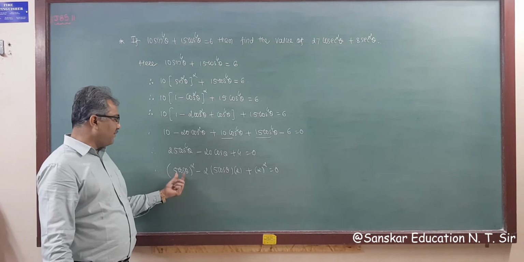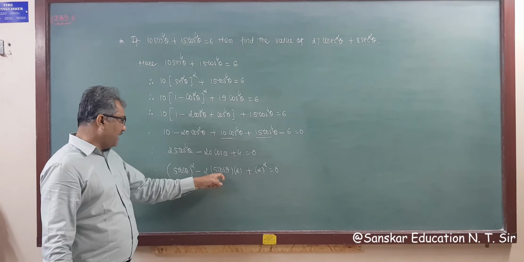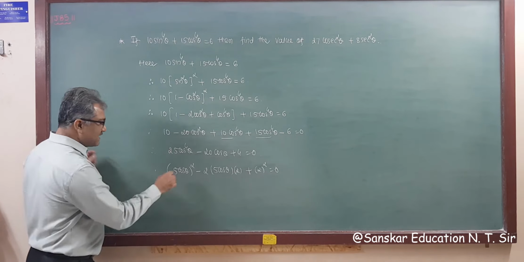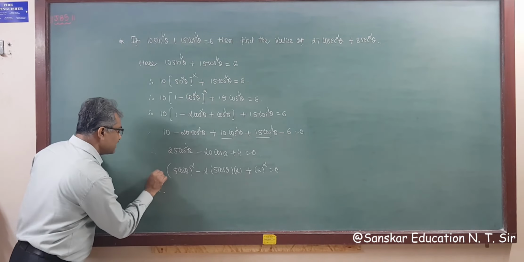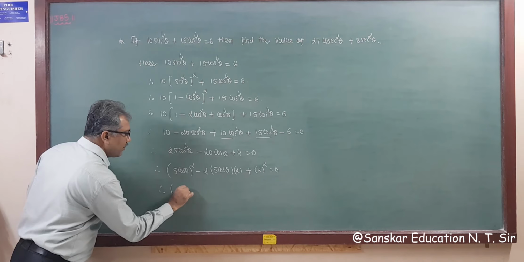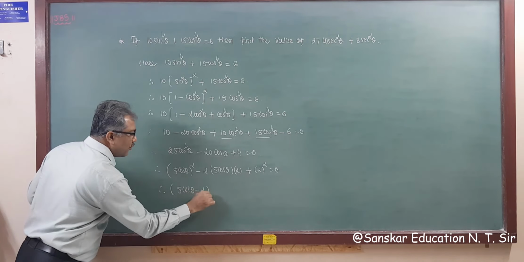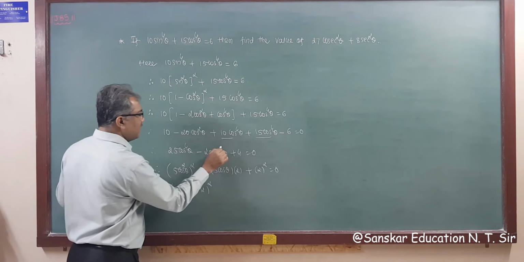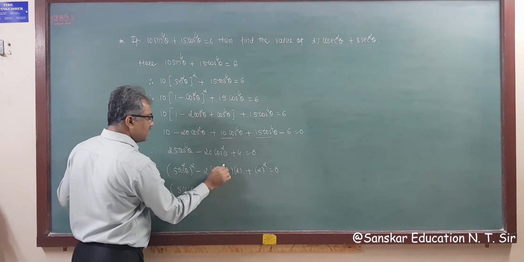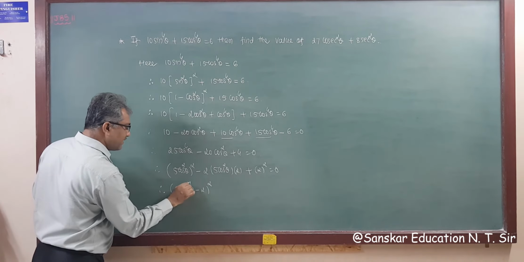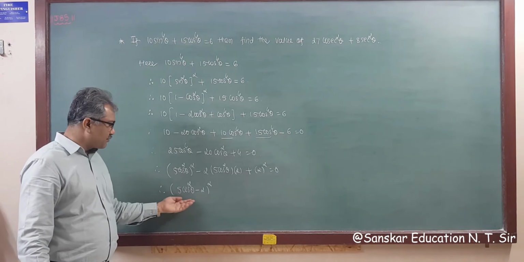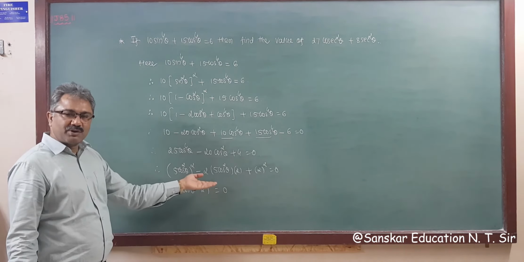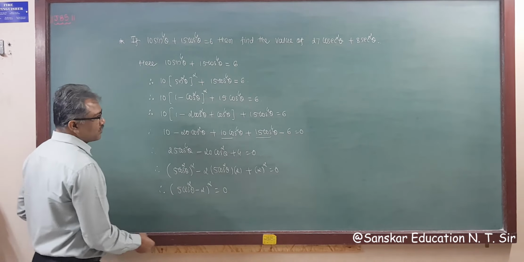This is the formula a square minus 2ab plus b square, so it is the perfect square of 5 cos square theta minus 2 whole square equal to 0. Taking the square root, the square root of 0 is always 0, no plus or minus.